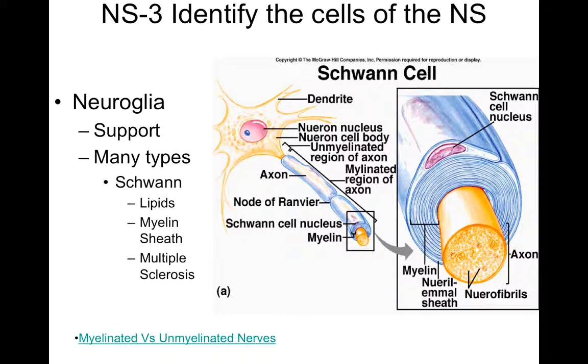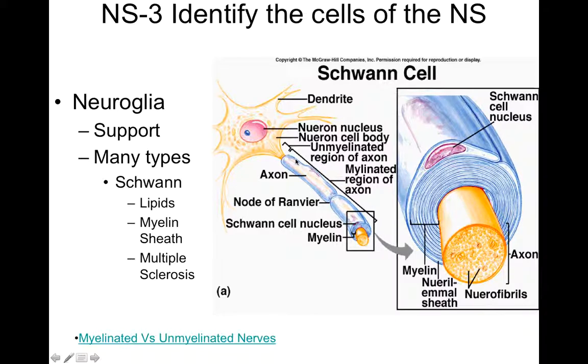So this is that Schwann cell we talked about. The Schwann cells make the myelin sheath, and they're made of lipids. And it helps to speed up the nervous signal as it passes down the neurons.